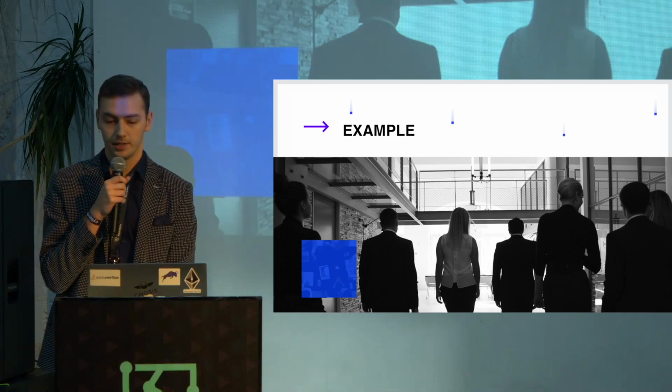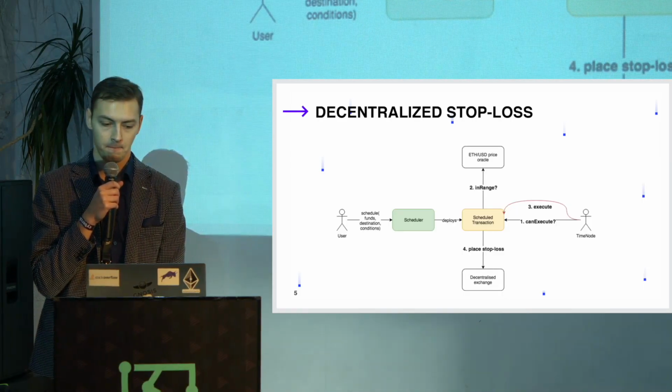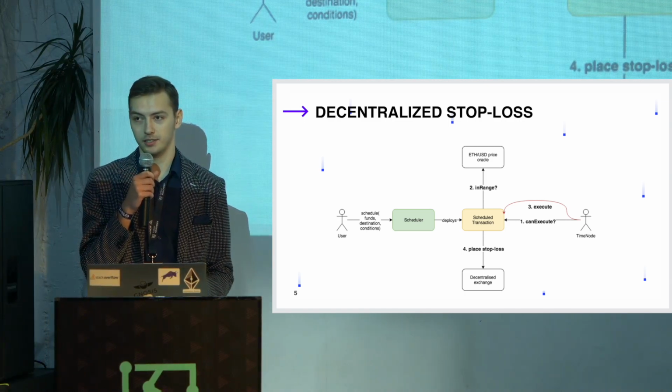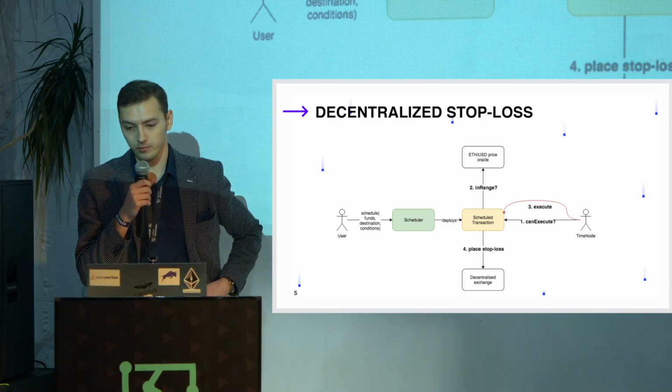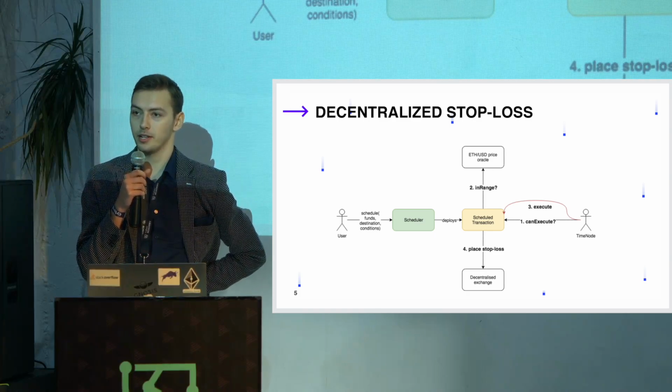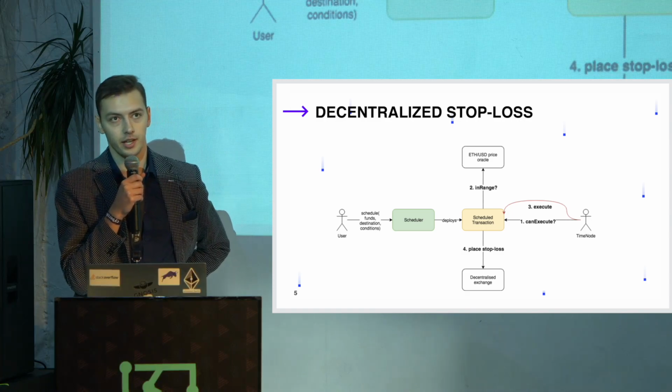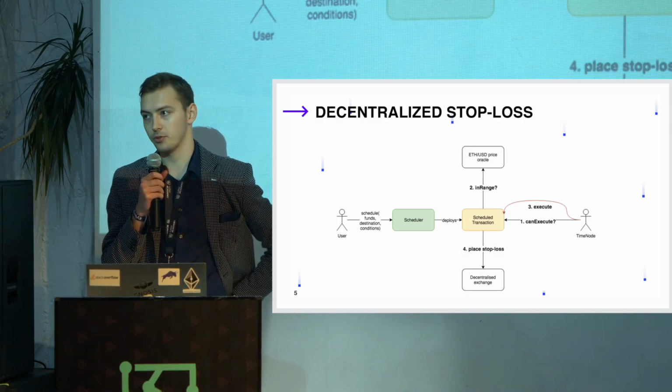So let me give you an example. The example is a decentralized stop-loss mechanism, and this is possible, for example, with the 0x exchange and our Chronos protocol, which is very much research now.